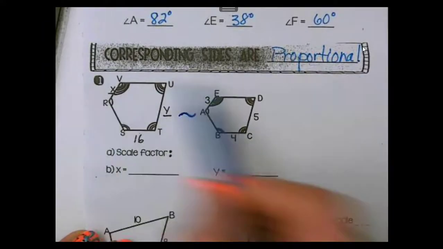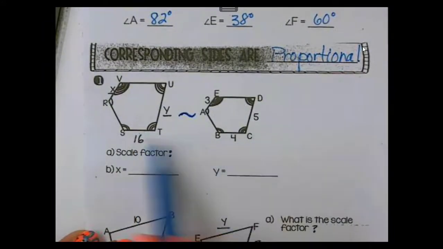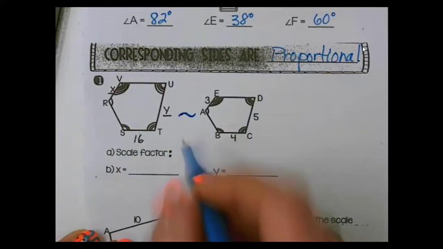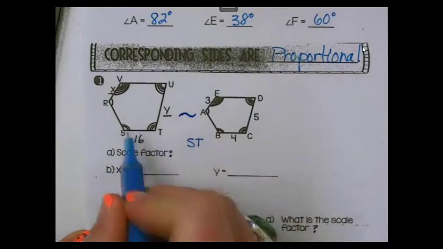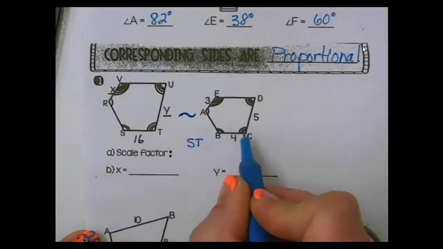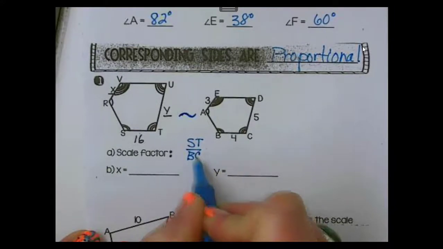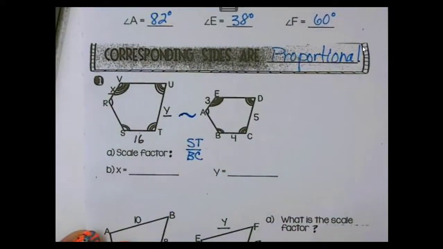Now, as I look around, the only two sides that have given information are ST, okay, ST, so 2 arcs, 4 arcs, 2 arcs, 4 arcs. I know that gets kind of skinny, but I know those are corresponding sides.